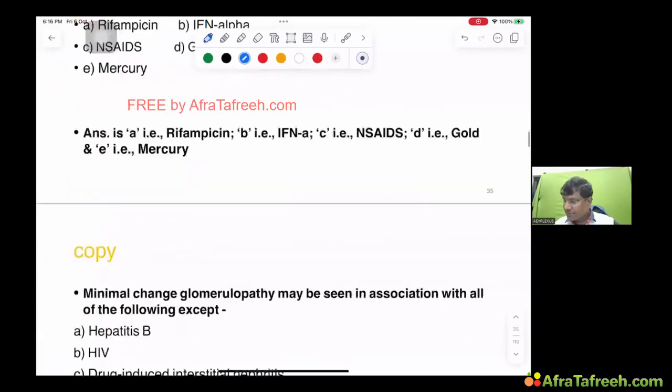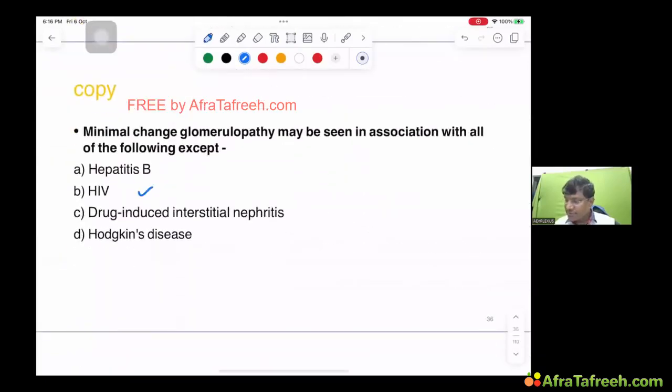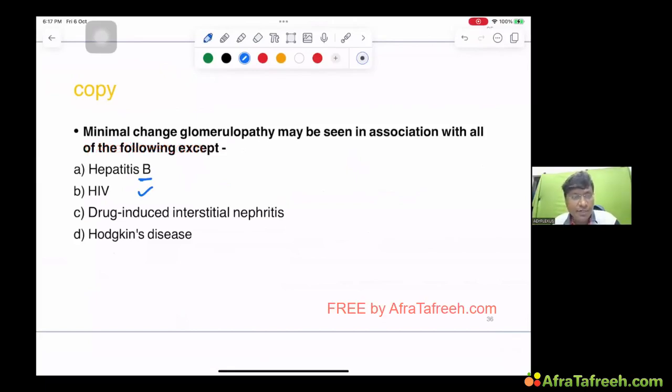Even HIV is associated, but the one which will not cause it is hepatitis B. Hepatitis B will not cause your minimal change disease, right? The answer is A. And hepatitis B is associated with which form of nephrotic syndrome? That is focal segmental glomerulosclerosis, FSGS.